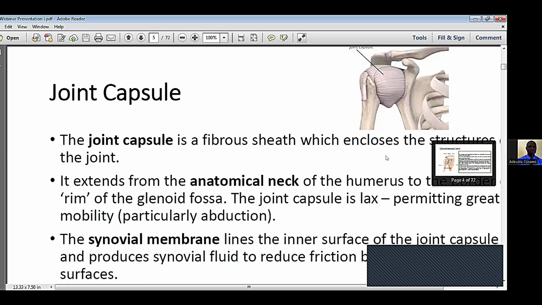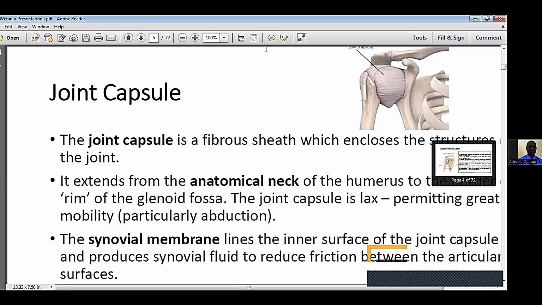It's a fiber sheet which encloses the head of the joint. It extends from anatomical neck of humerus to the rim of the glenoid fossa. Joint capsule is large, that is, not too tight. Therefore, it permits mobility of the joint. It makes the joint movable in all ranges that are available in the joint.